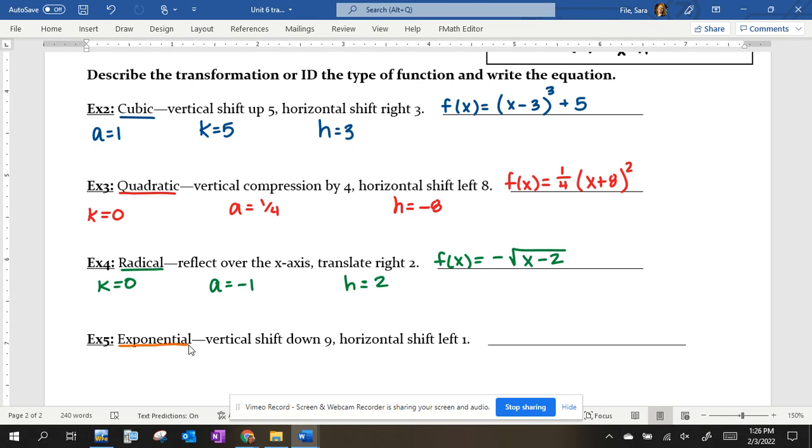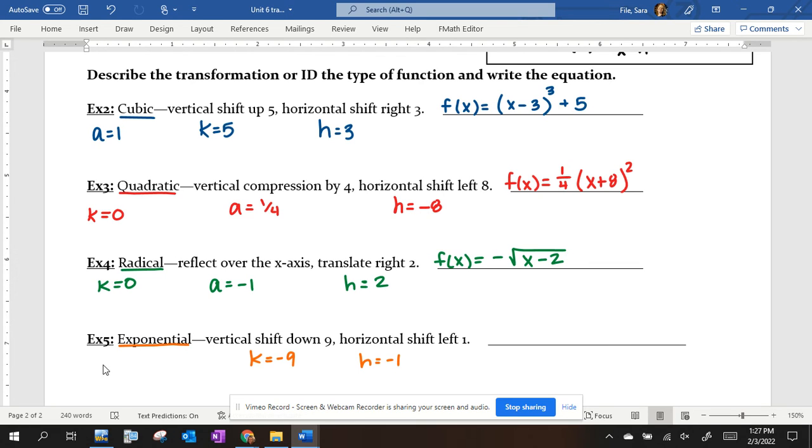All right, this last one in this section is exponential. It says a vertical shift down 9, so that means it's negative 9, right? And a horizontal shift left, so that means it's negative 1.